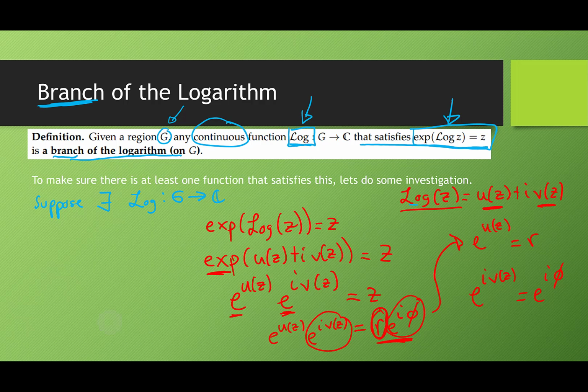Now one of these equations is good, but it's not the best it can be because it's a little bit complicated. So let me rewrite these. We have e to the u of z is equal to r. Taking the natural log of both sides, we get u of z is equal to ln of r. Now I pulled a little switcheroo on you.